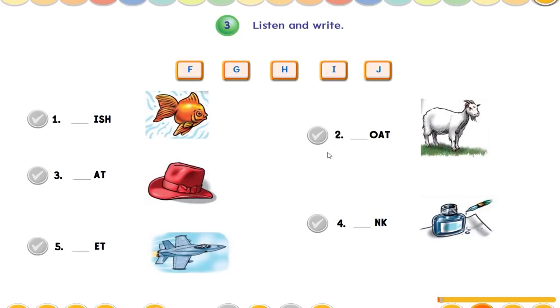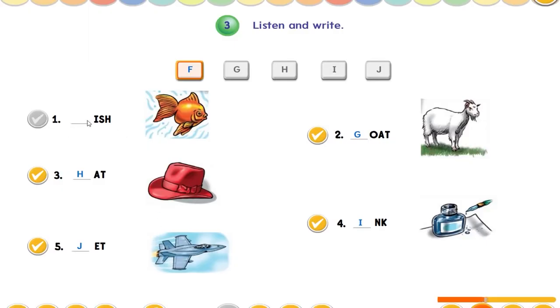Look at number 4. Ink. Look at number 2. Goat. Look at number 3. Hat. Look at number 5. Jet.